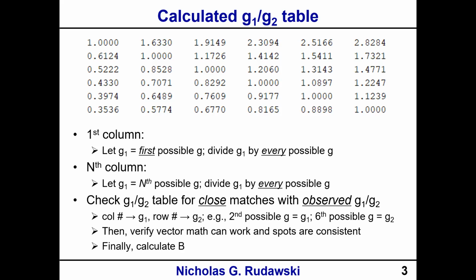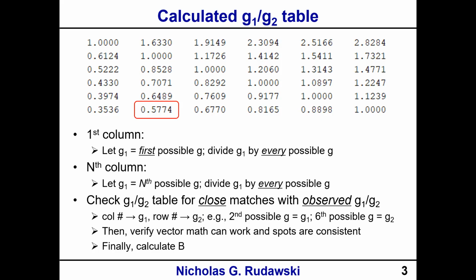Then we have to check the table for matches that are close to the observed or measured ratio. You can go back and do this. We get only one close hit here. I say close matches because you can have a little bit of wiggle room depending on how you measure it. It doesn't have to be perfect, but this is the only close match we get.